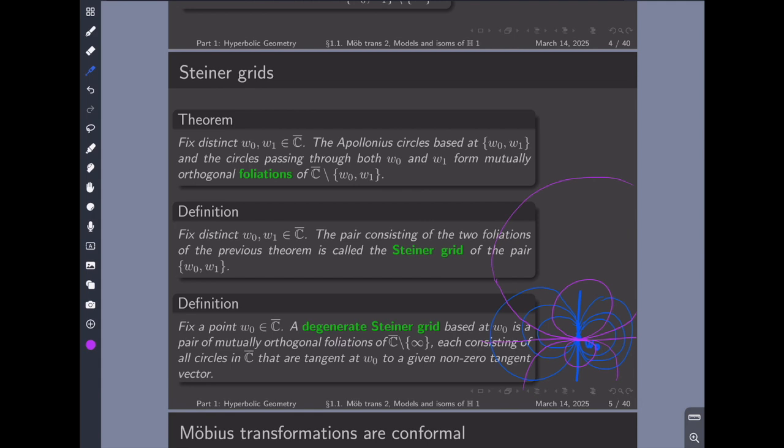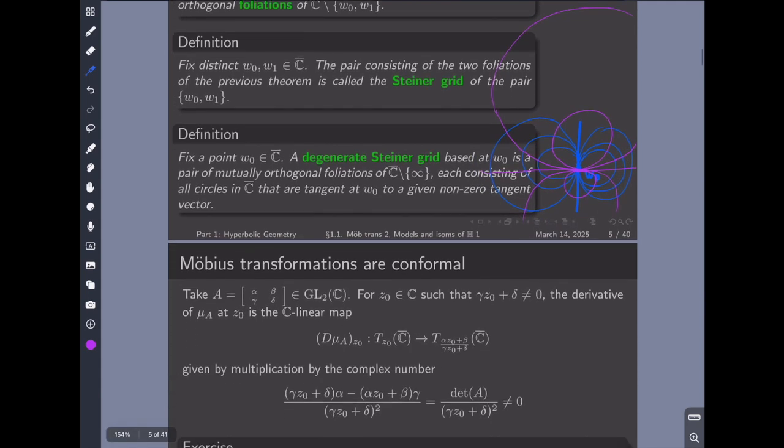So that's one point at which the notions are a bit different. And as I said, the degenerate ones are going to help me to study the parabolic Möbius transformations.